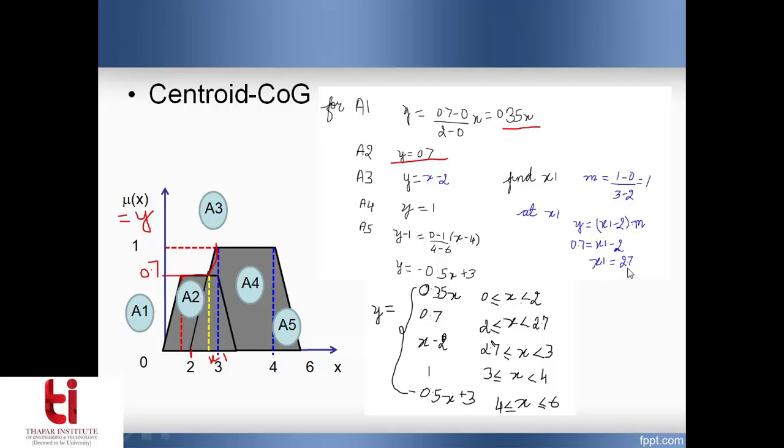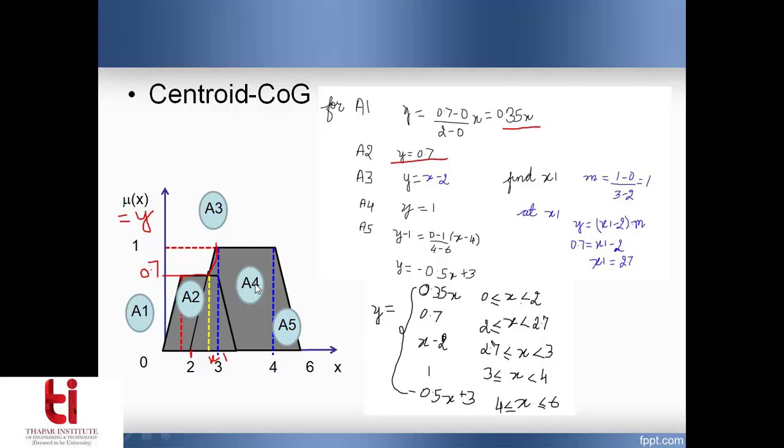With that I can calculate the value of x1 to be 2.7. So once I have this interval, I know that for A3, the relationship between x and y is given by y is equal to x minus 2.